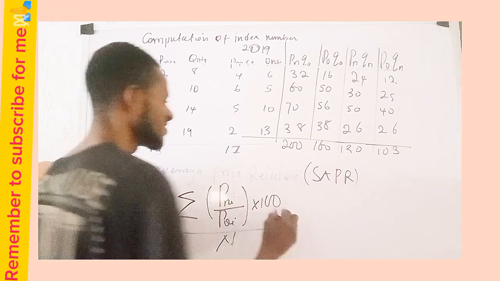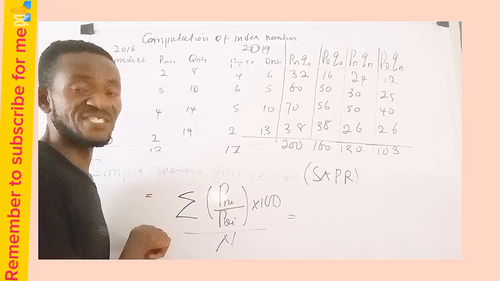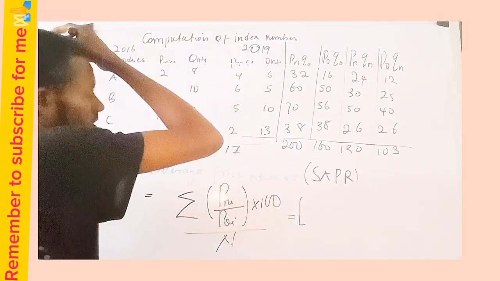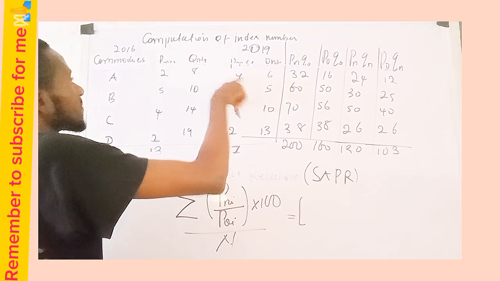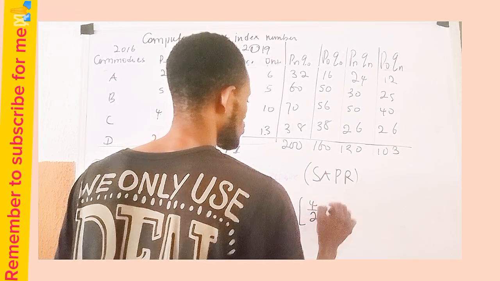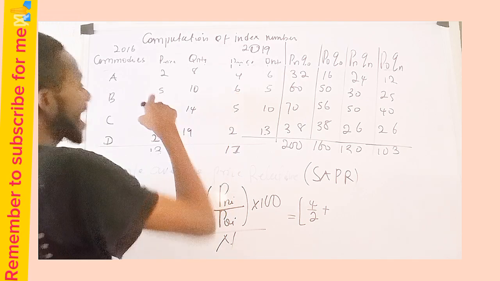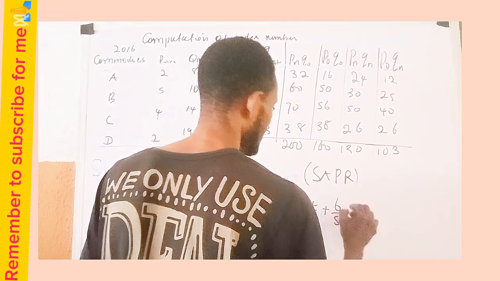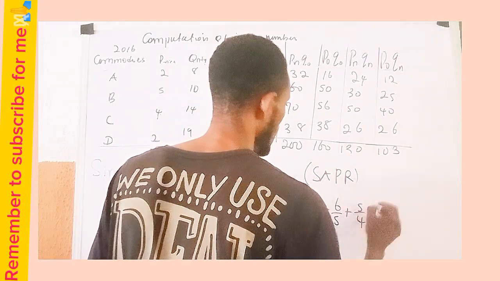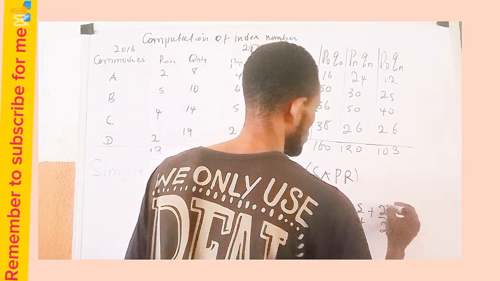So if you want to compute this, you will be taking the ratio of the price in the given year to that in the base year. You open a bracket here and start from the first commodity. The price in the given year is 4 and in the base year is 2, so you have 4/2 plus. Commodity B is 6 and 5, so you have 6/5 plus. The price here is 5, so you have 5/4 plus. The price here is 2 and you have 2/2. You close it.